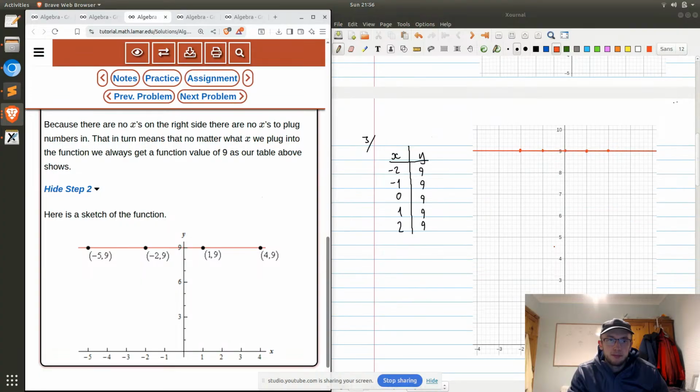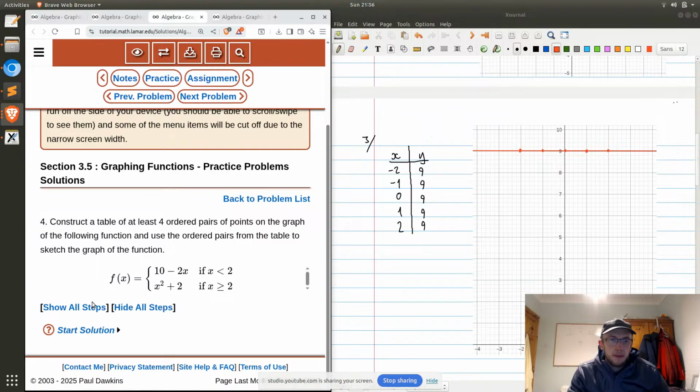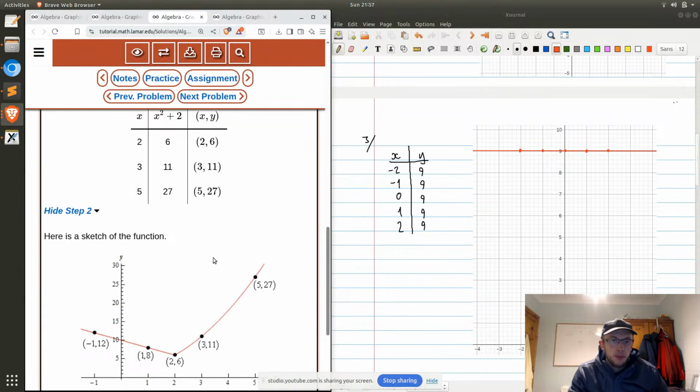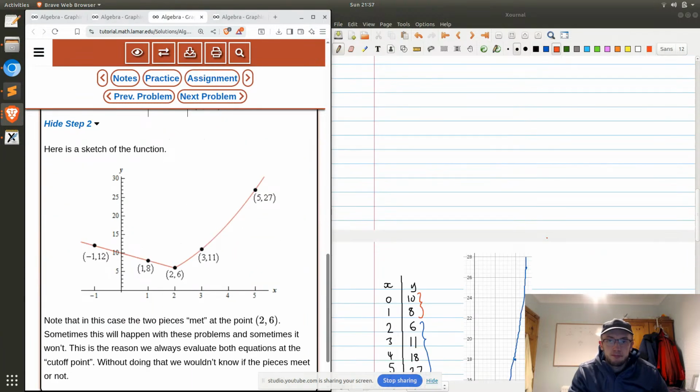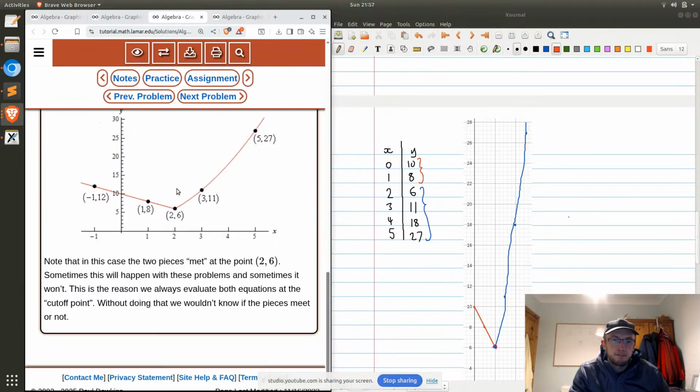And there you go. This is a piecewise function, as stated. And notice that we'll want to plug the quote-unquote cutoff point, x equals 2, into the top equation, as stated. And here they essentially agree with me, but as you can see, they've compressed their y-axis to fit in this information.